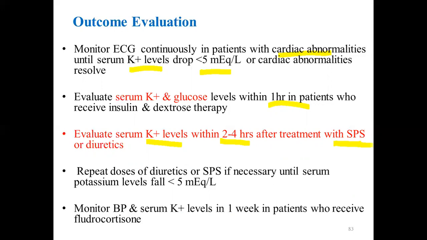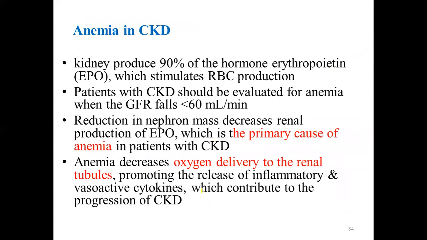This is the potassium binding resin. Then we can repeat the dose of diuretics or SPS if necessary until the potassium level is less than 5 milliequivalent per liter. So this is how we monitor the outcomes of the treatment. Okay, this is how we manage hyperkalemia in CKD patients.